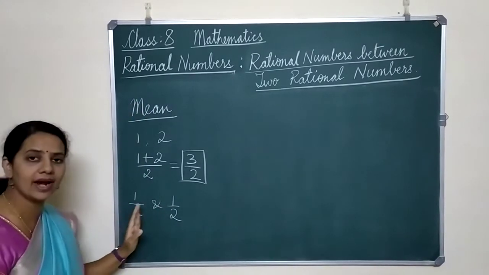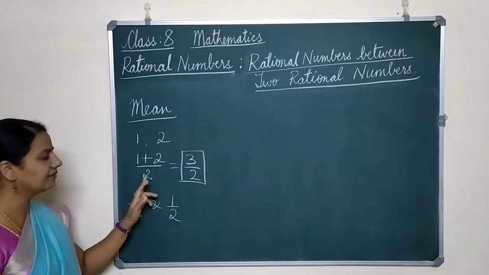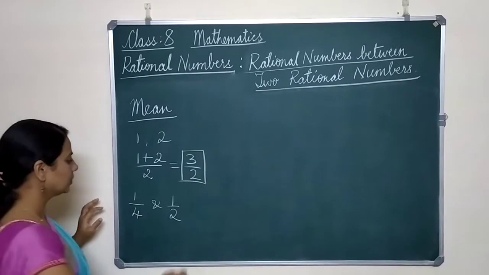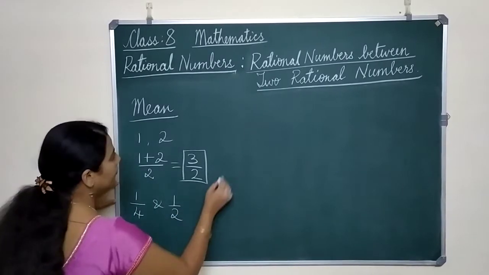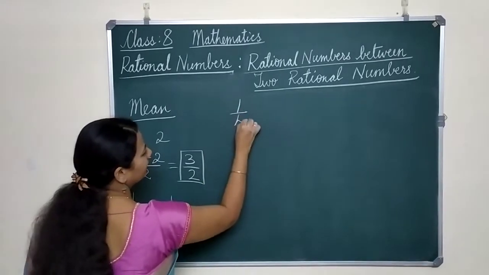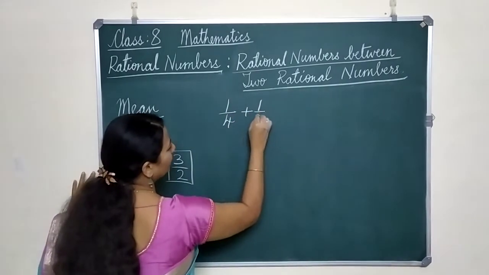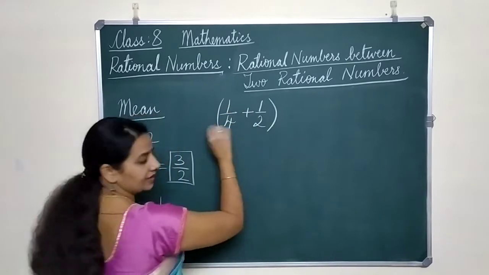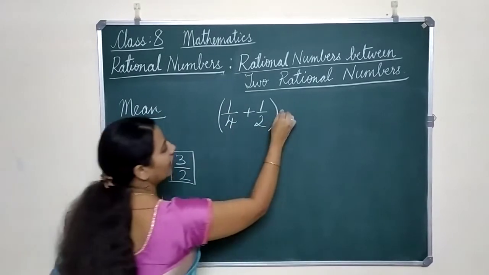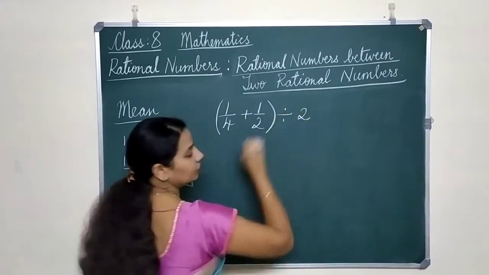How do we find the rational numbers between these two by the mean method? You just have to add these two numbers and divide that number by 2. So what do we do first? I will write down here 1 by 4 plus 1 by 2. Add these two numbers and then divide that number by 2.